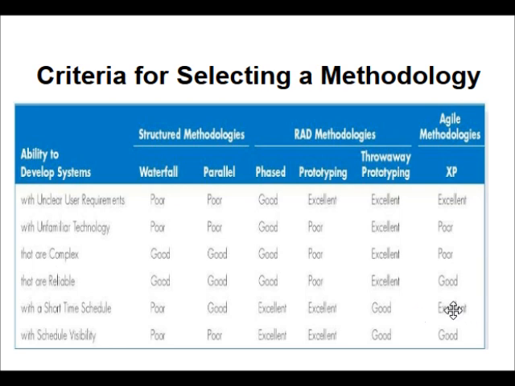Mainly agile is used when there is a short time schedule. Nowadays many companies are using agile methodology because they have a time and schedule constraint. So for rapid development they use agile, in which every phase of the project takes place in parallel and continuous progressive elaboration takes place.